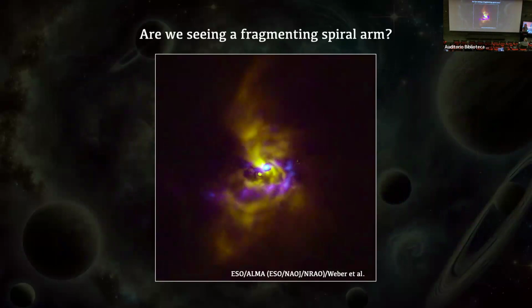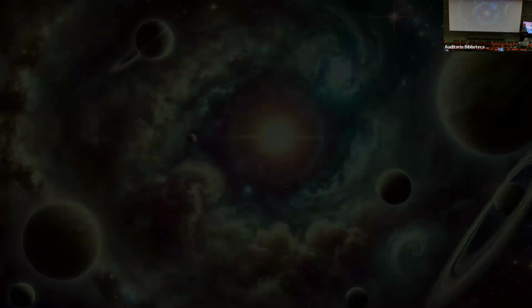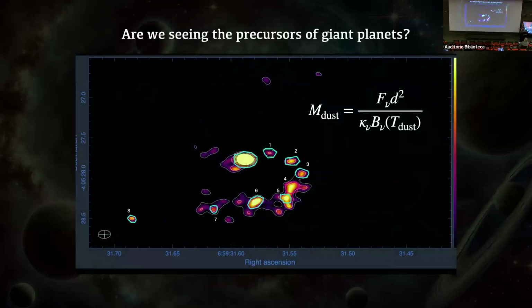Okay, this directly raises the question: are we seeing a fragmenting spiral arm, fragmenting in the dust phase, as Cristiano showed in the theoretical talk earlier? And of course, it directly raises the question whether or not we are seeing the precursors of giant planets. Cristiano showed you in his talk that in the dust phase you can produce something like planetary cores of several Earth masses.